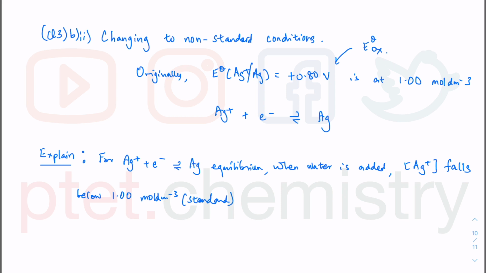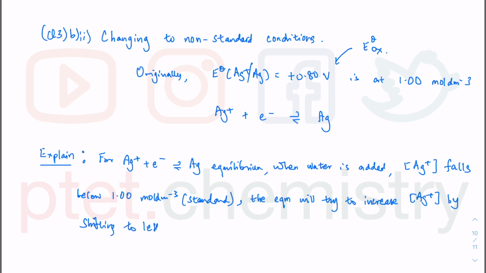So what happens then is the equilibrium will try to do the opposite. It will try to increase the concentration of Ag plus, because the Ag plus concentration decreased, so the equilibrium will shift to the left.